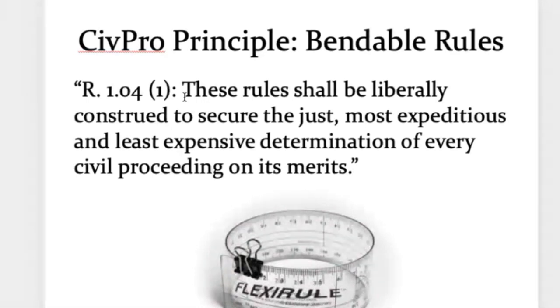Like, to compare it again to a criminal context, if the police screw up just slightly and they breach someone's charter rights when they're doing a search or what have you, then the criminal justice system is willing to let an accused person who's probably factually guilty be found innocent, to deter the police from violating people's charter rights.